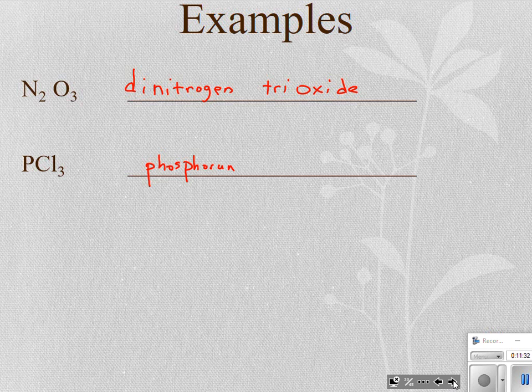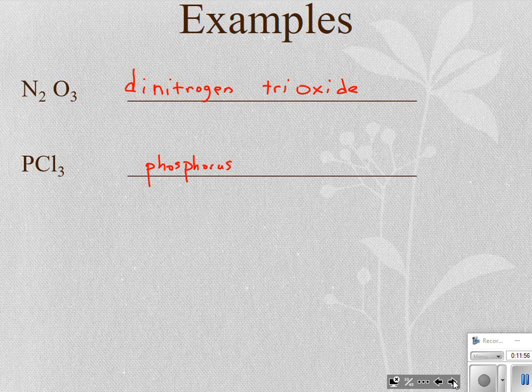Phosphorus. Now, on phosphorus here, ladies and gentlemen, how many do we have? We only have 1. And once again, we do not put mono on the first word. So this is just phosphorus.